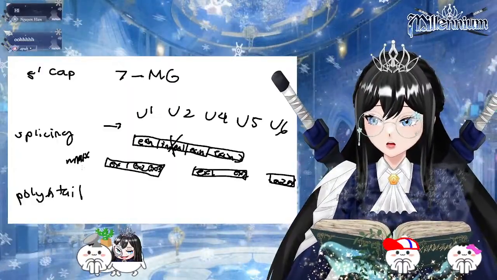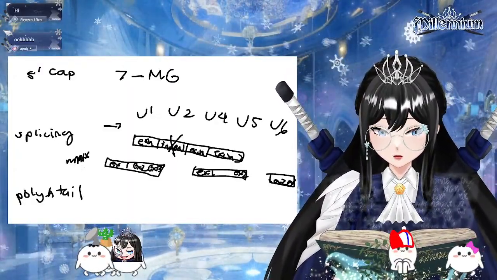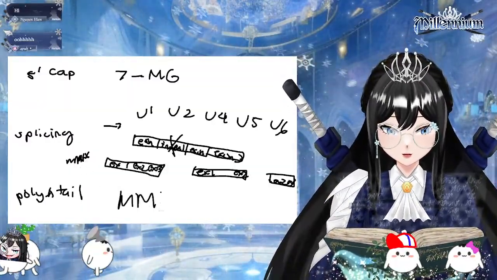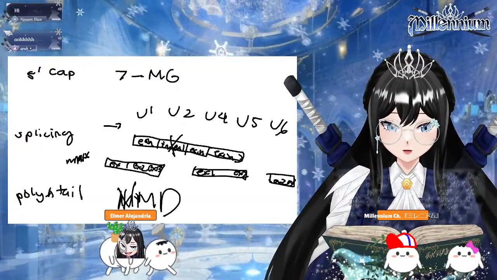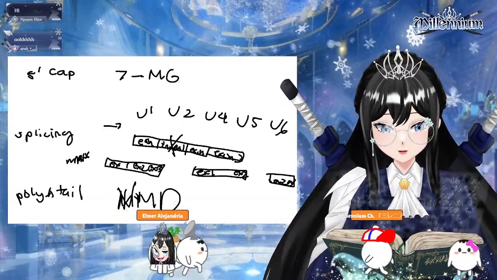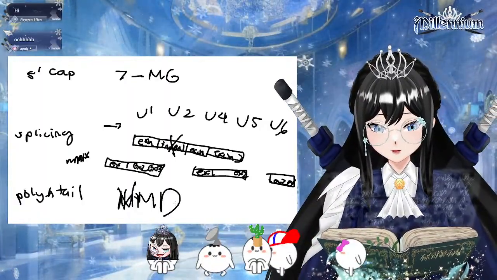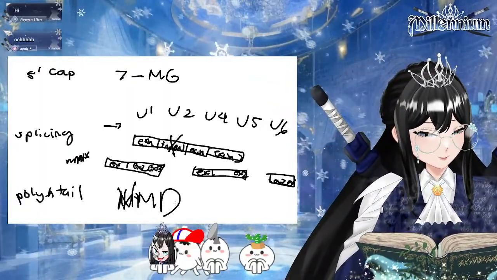We eliminate them via NMD, the nonsense mediated decay, so that we don't have a lot of RNA that has premature stop codons. Alright.